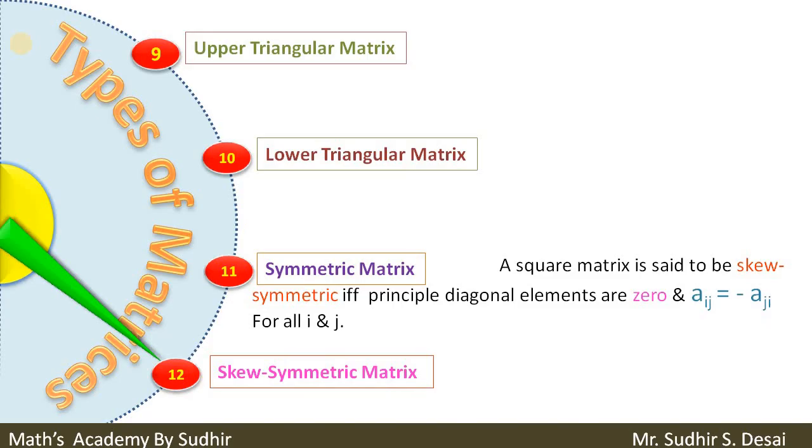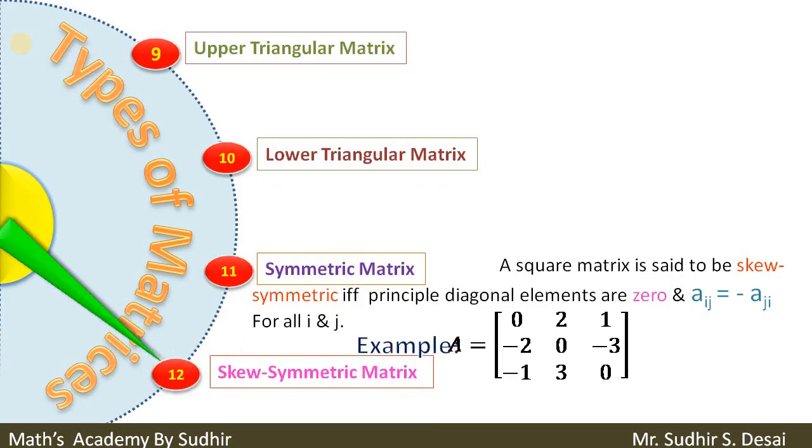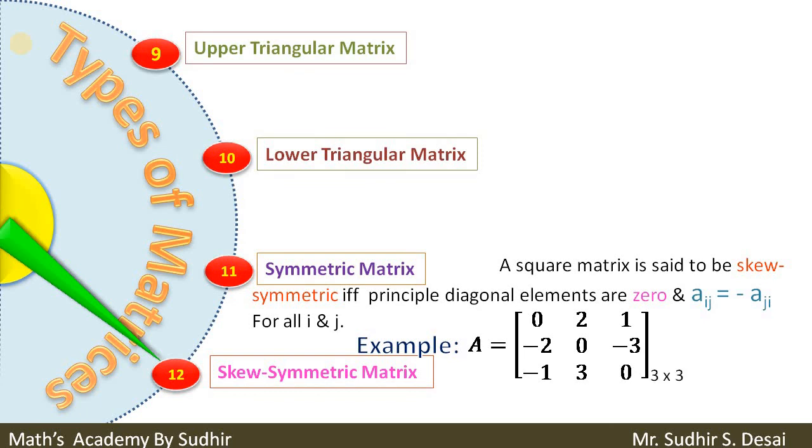And the second condition, whatever the element Aij, should be equal to minus of Aji for all i and j. So let's take an example. This is a matrix A of order 3 by 3. Number of rows is equal to number of columns, so it is a square matrix. Now first condition, principal diagonal elements must be 0. Yes, they are 0.